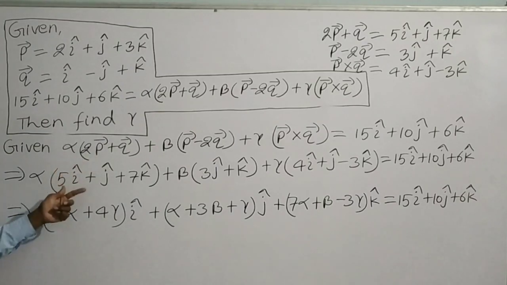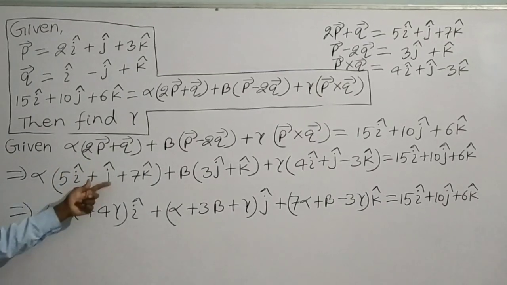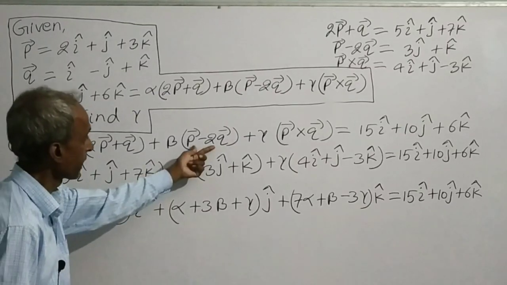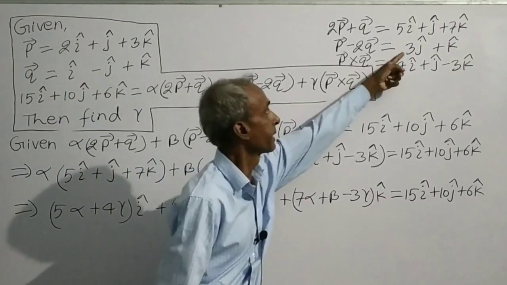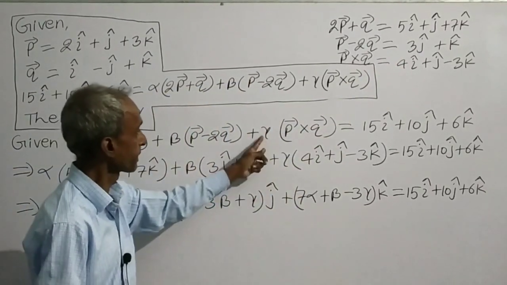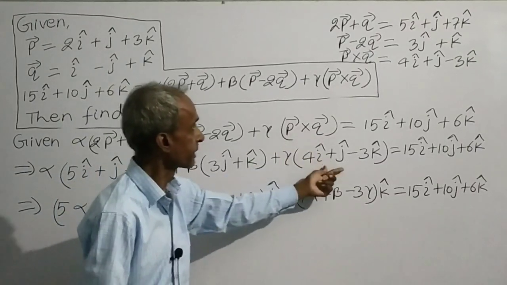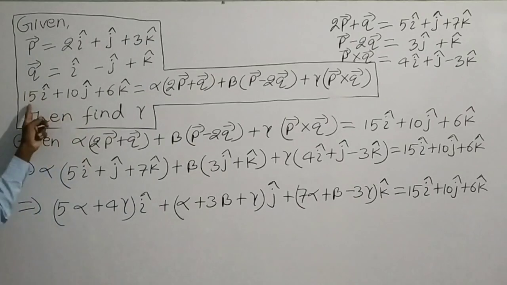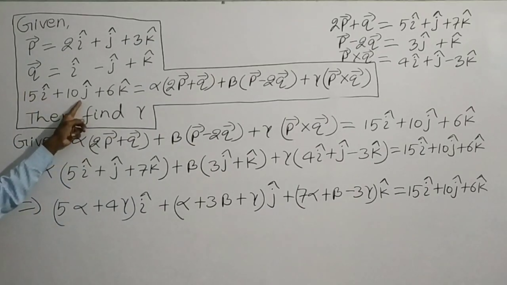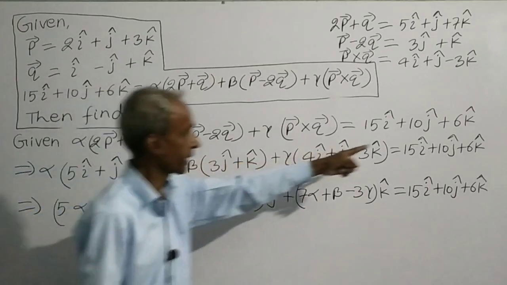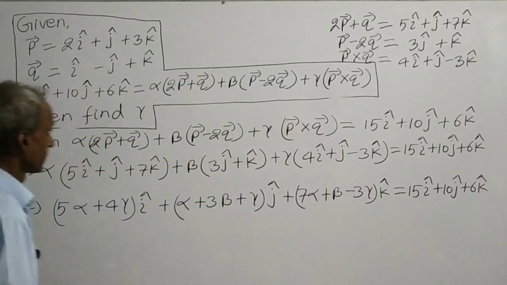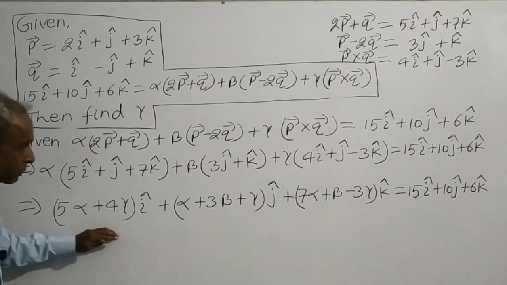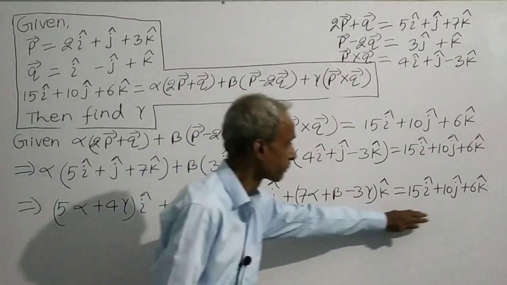Then we get alpha times this vector plus beta times this vector plus gamma times this vector is equal to 15I cap plus 10J cap plus 6K cap. After simplifying it, we get this.